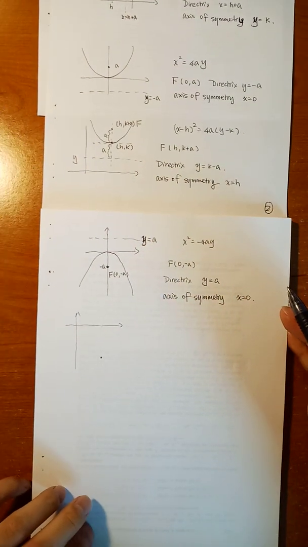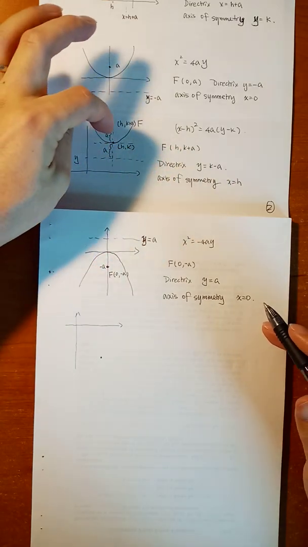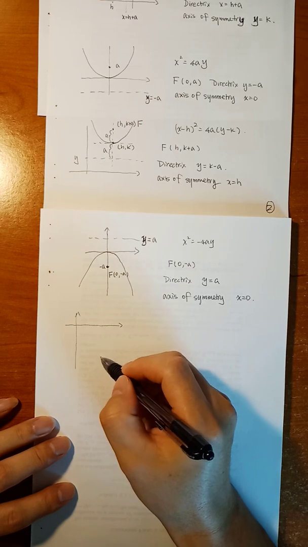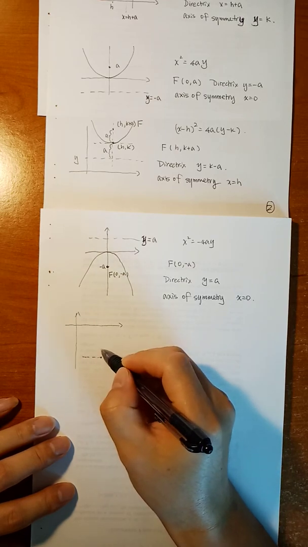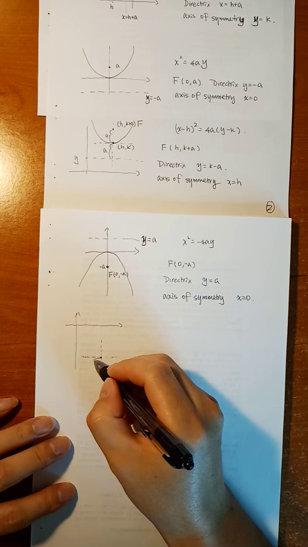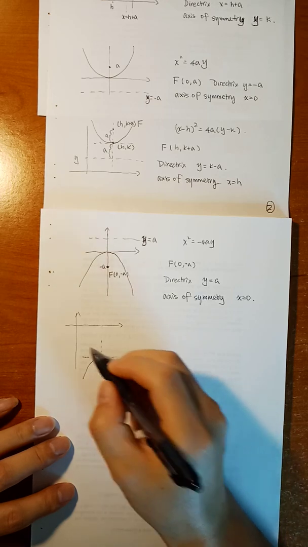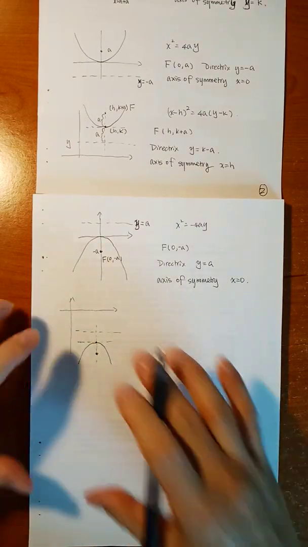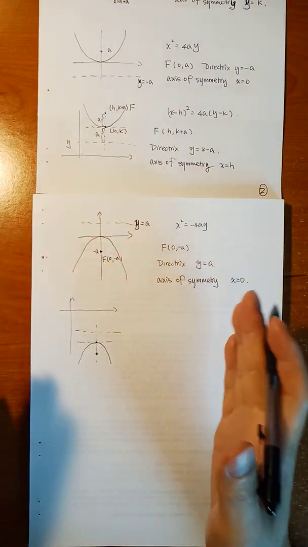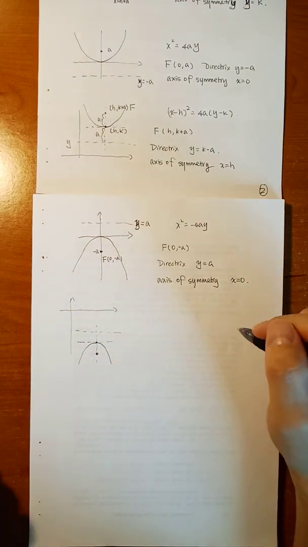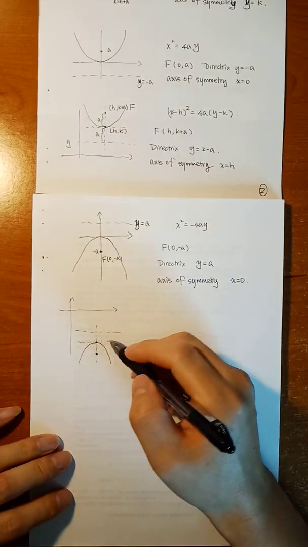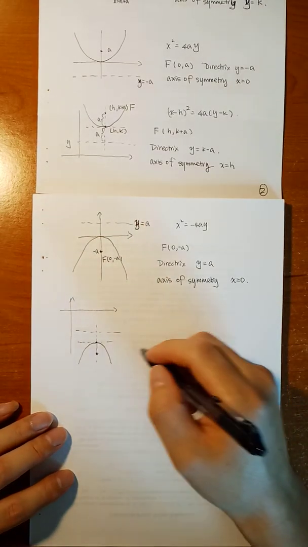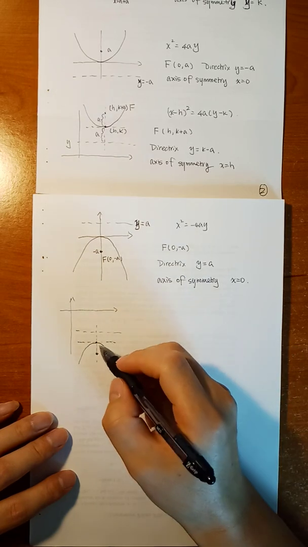That's only for demonstration purposes. This h, k is not always in the first quadrant. It can be in whatever quadrant. So here is a similar thing. Because I'm going to draw an opening down parabola, I select this position so that the new graph does not intersect the xy axes.